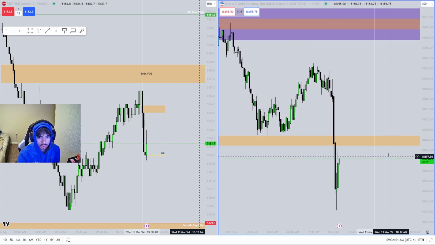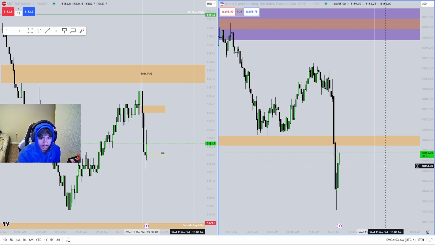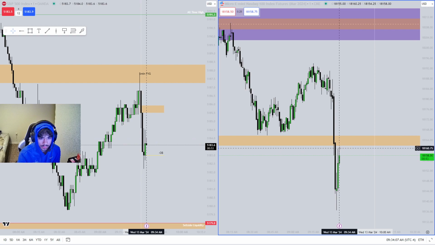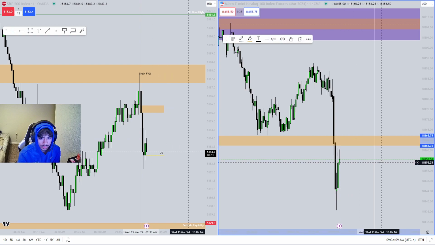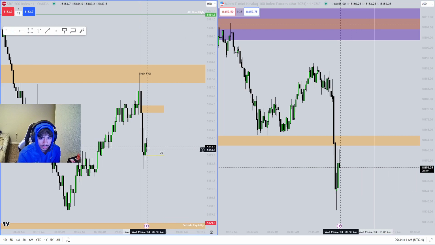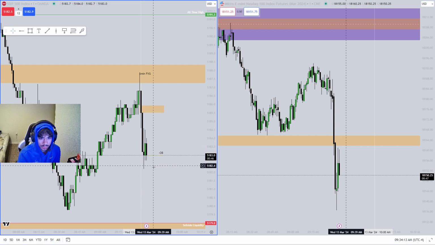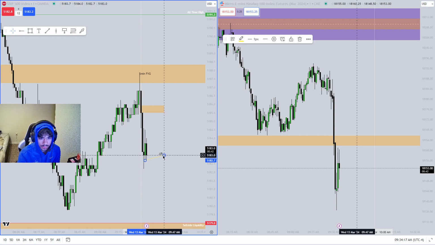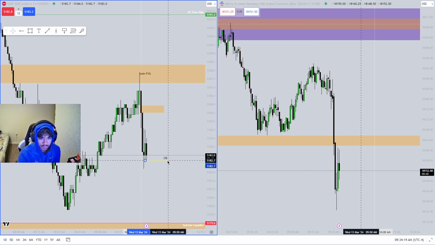So I'll move this vertical line to the 10 o'clock hour. That's when we're going to start to actively look for trades. And I want to be below this orange line by the time that comes around. Now right here, we're looking for this candle's low to get close underneath.